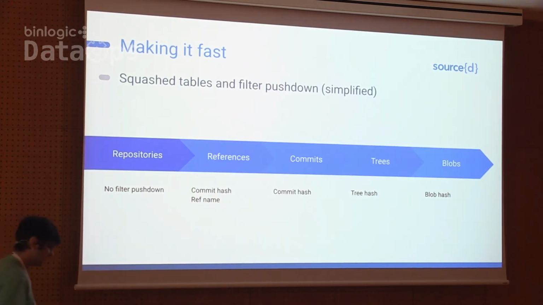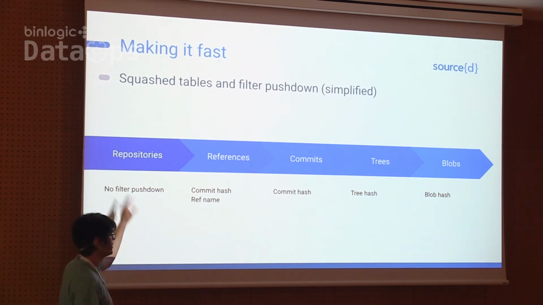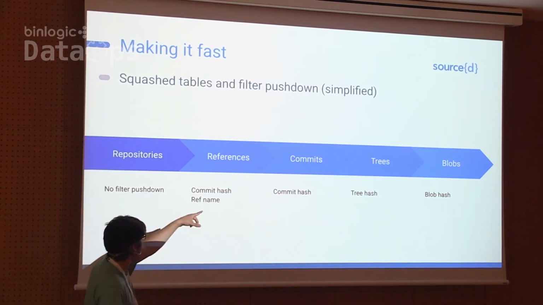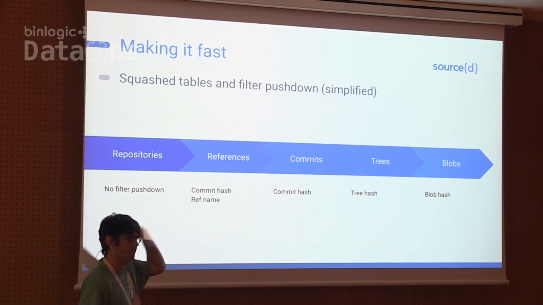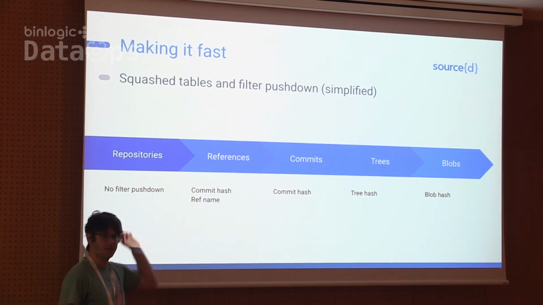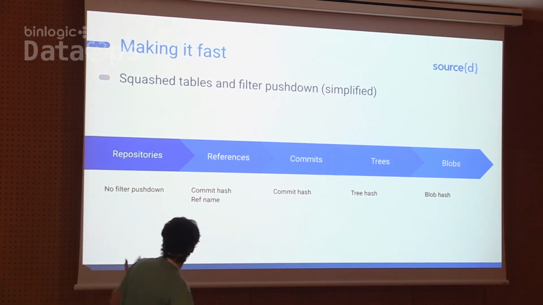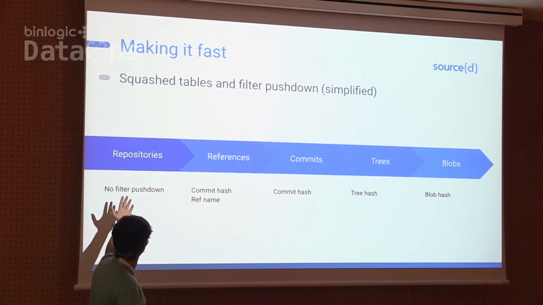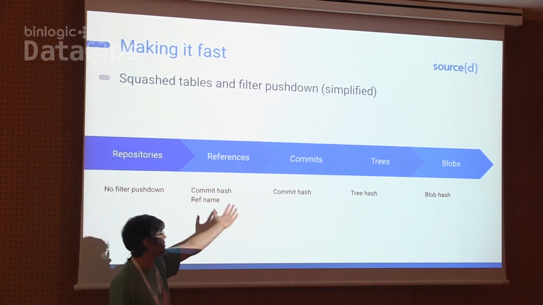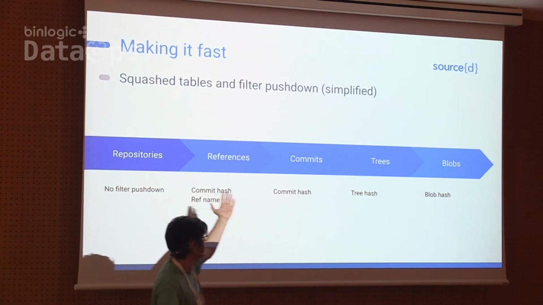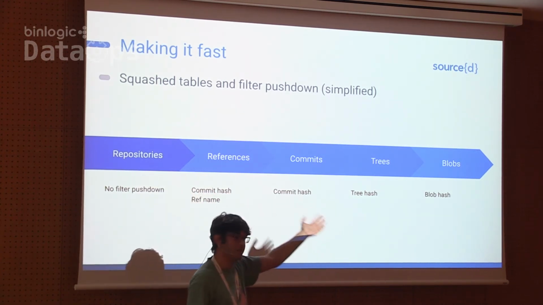So to fix this, we have these two things. This blue thing is a chain of iterators. The thing is that the Git data model has these properties: a repository has some references, and the references have some commits, and commits have some trees, and so on.